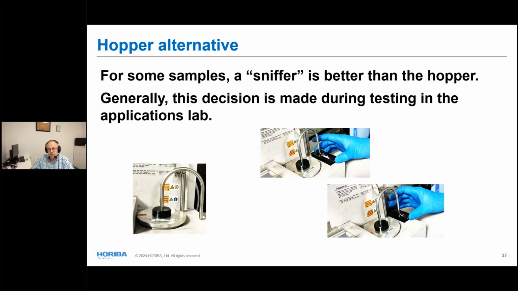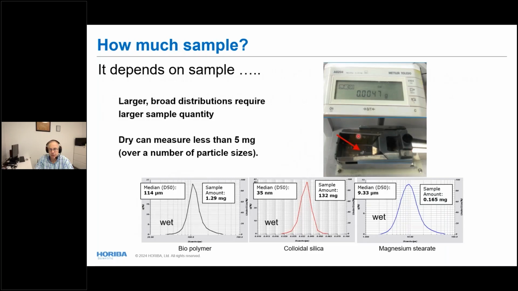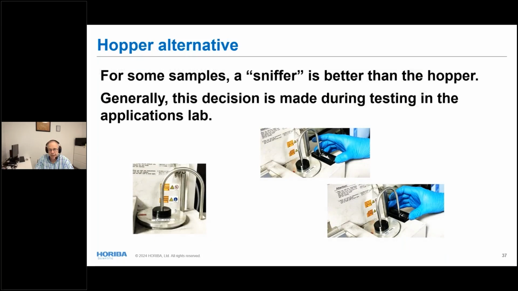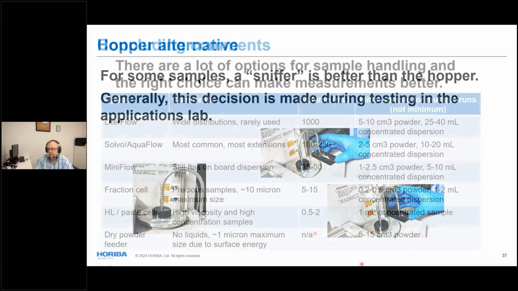So generally, this is something that would come up when we do sample testing in the applications lab, which way of feeding is best. Our go-to option is the normal dry powder feeder hopper that kind of looks like this. So that is the most popular. This is more for some edge cases.